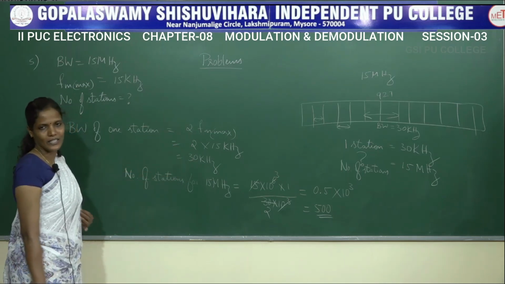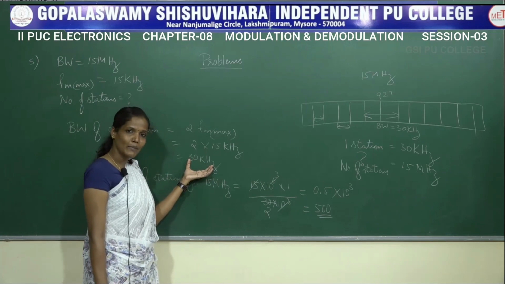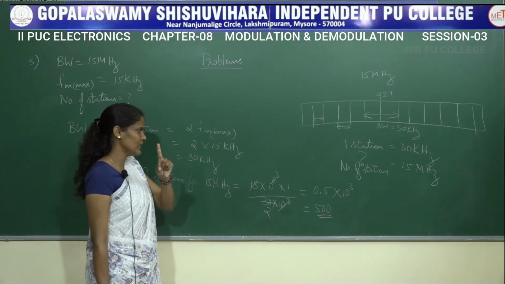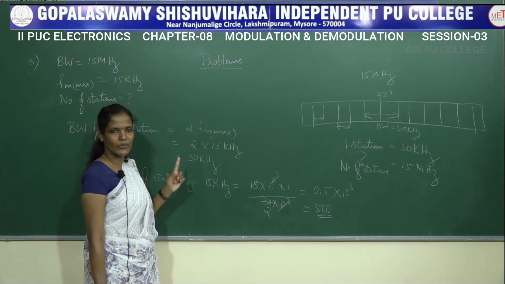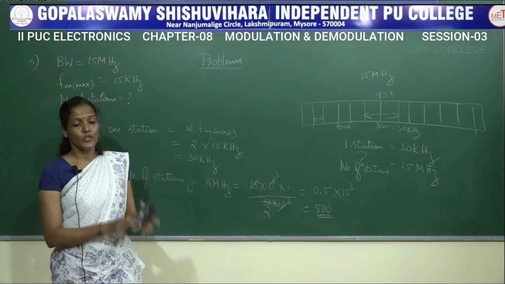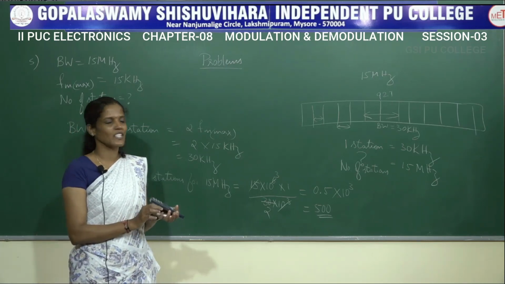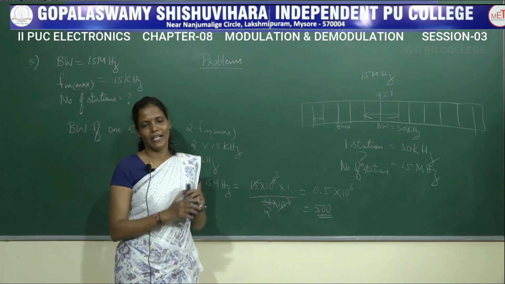So we calculated 30 kilohertz. So 30 kilohertz is the bandwidth of one particular station. Then, how many number of stations can be accommodated in 15 megahertz, it is equal to 500. So 500 number of stations can be accommodated in 15 megahertz bandwidth.